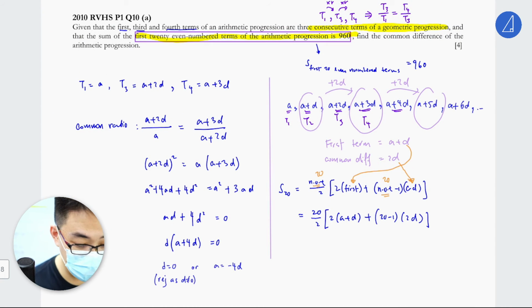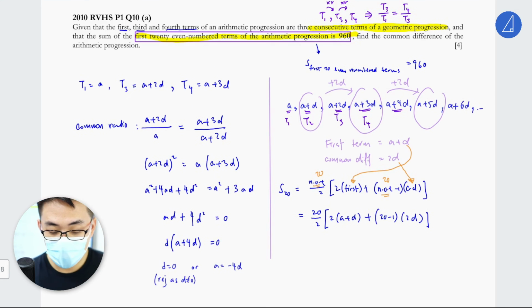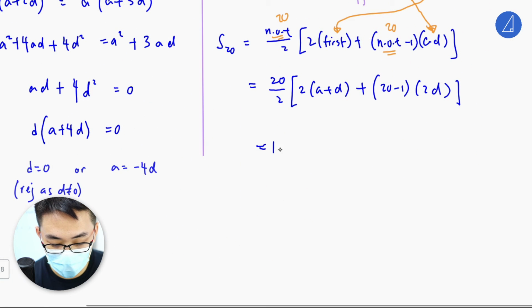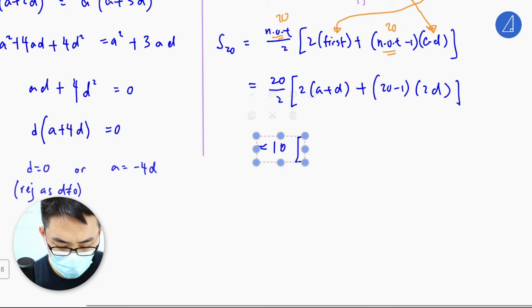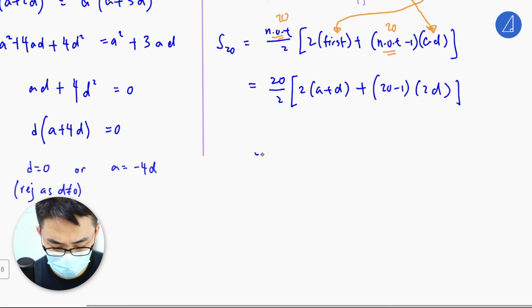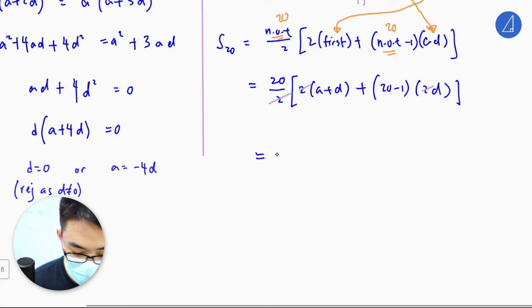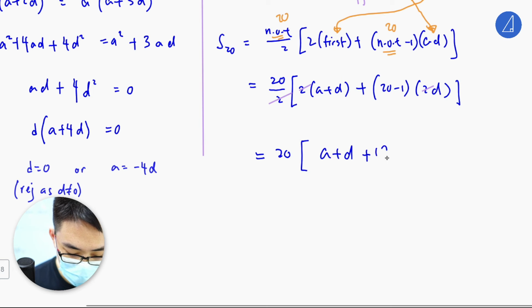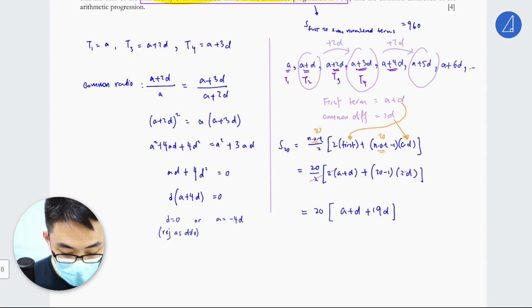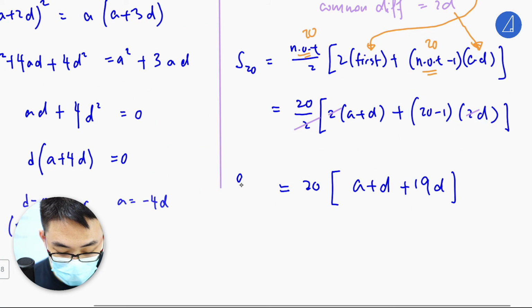This is where the careless mistake comes. Okay. Once done, life is good. Maybe I should just divide by 2. Can I just divide by 2 here? Hopefully my expression becomes easier. What do we want? Oh, S20 is 960. So this is 960.